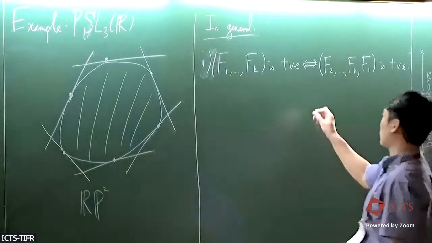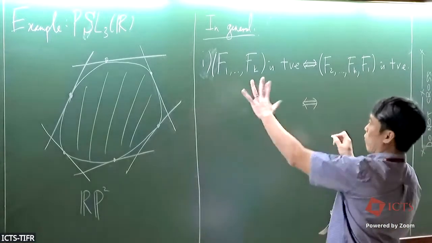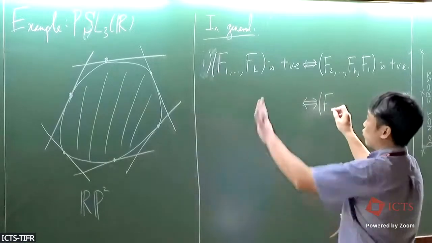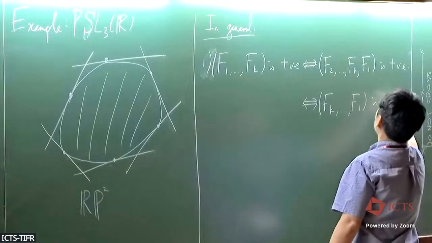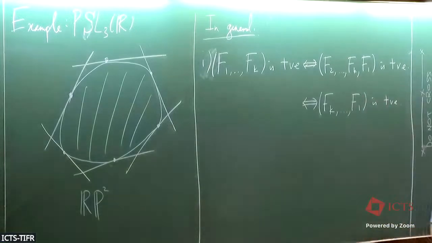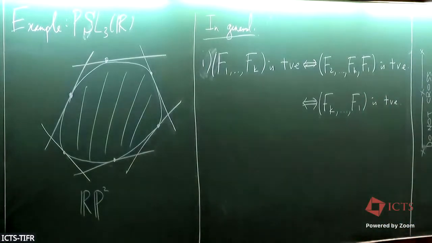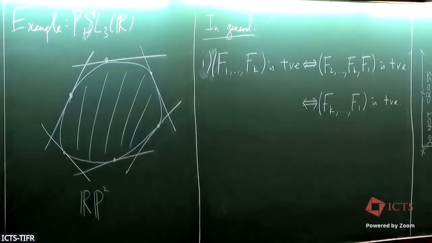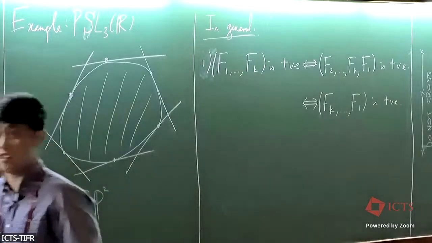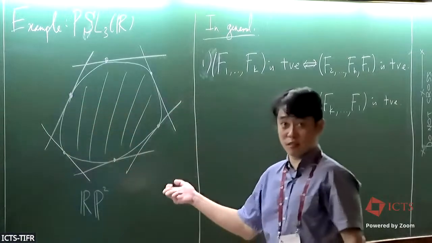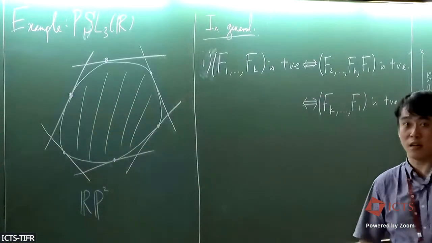And this is equivalent to when I reflect, and I just reverse the order of this tuple. So being positive is invariant under dihedral permutation of the flags. You can see that is true in this case, also true in this case.